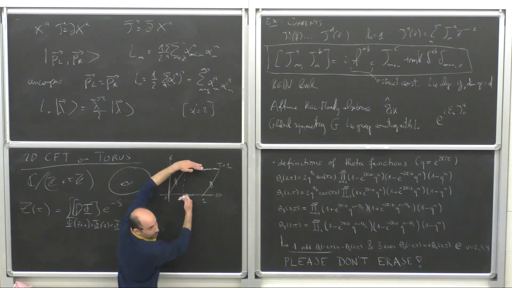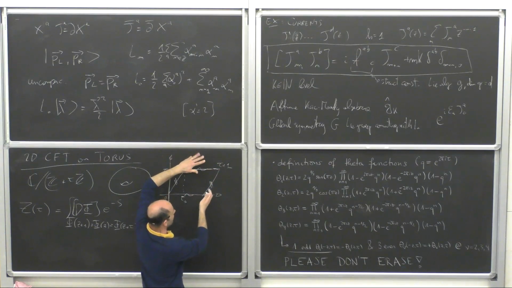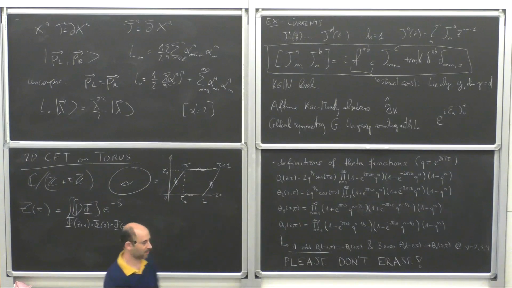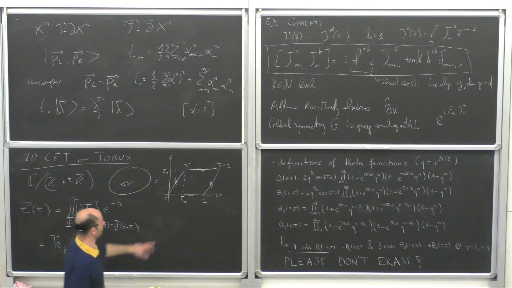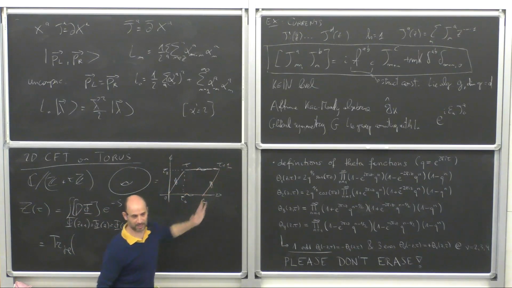So you have this finite cylinder where your state evolves, and if you want to glue the two sides, what you do is take a trace. So this partition function will be given by the trace over the Hilbert space of states of your theory of the operator that gives you the time and space translation.